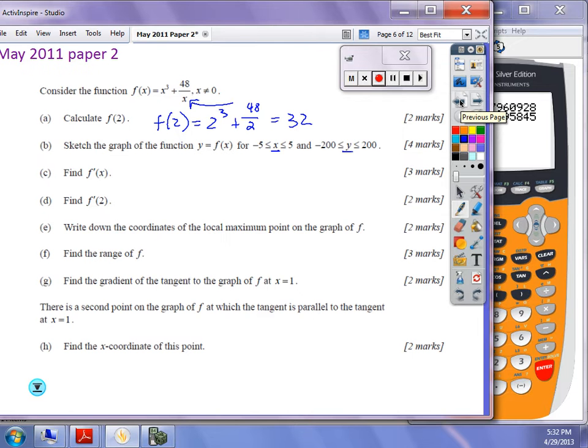Part C asks for the first derivative. So we're calculating the first derivative. To do that, I would first rewrite the function as x cubed plus 48x to the -1.